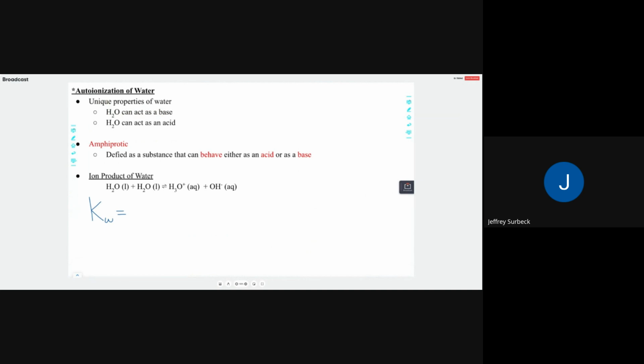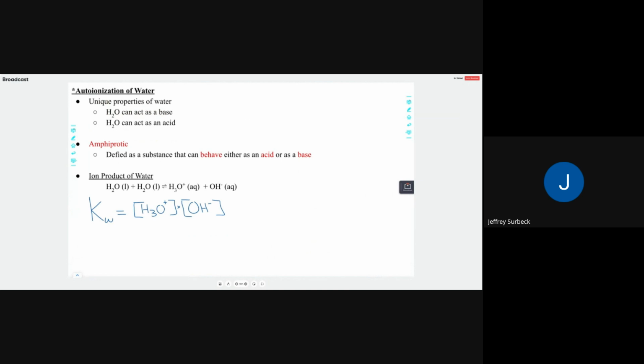We have H3O plus and OH minus. Are both of those aqueous? Yep, so both of them would be included, and so we'd have H3O plus times our OH minus, both raised to the first power because of the coefficient of 1. We would divide that by our reactants, but do we need to include the reactants in this case because they're both liquids?